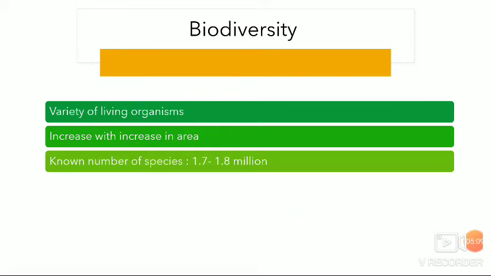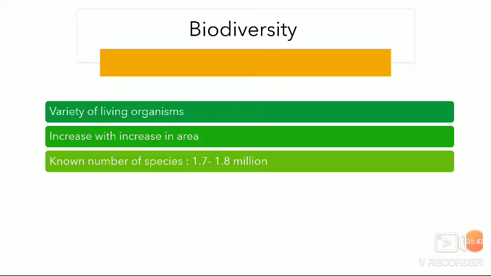When we talk about the number of species, there are different biologists and scientists working on searching for new species of living beings. Scientists have reached 1.7 to 1.8 million known species, but they say it is more than 30 million, those about which we don't know.